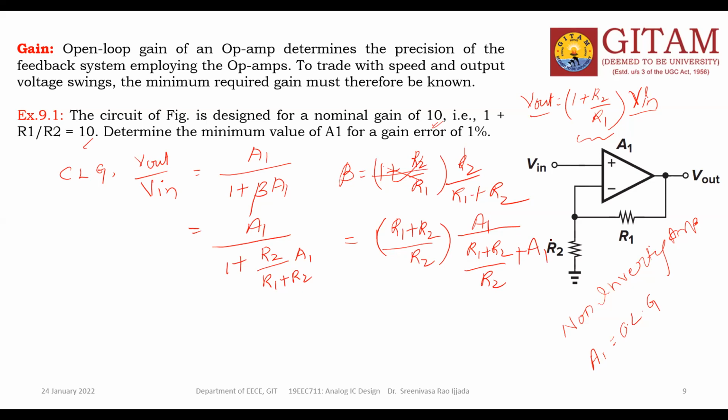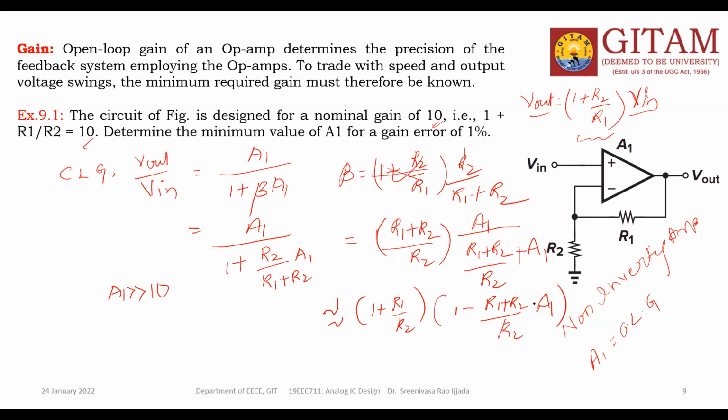So what is it saying in the circuit? The nominal gain is 10. That means 1 plus R1 by R2, that means R1 plus R2 by R2, is 10. So it is saying A1 should be far greater than 10. So I can write this equation as approximately equal to 1 plus R1 by R2, into 1 minus R1 plus R2 by R2 into A1.